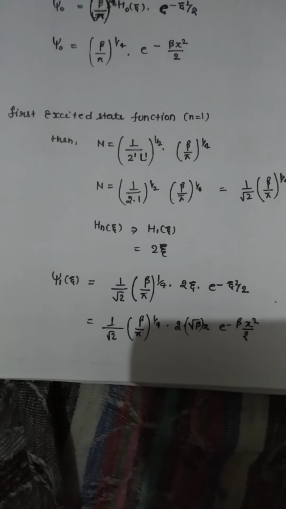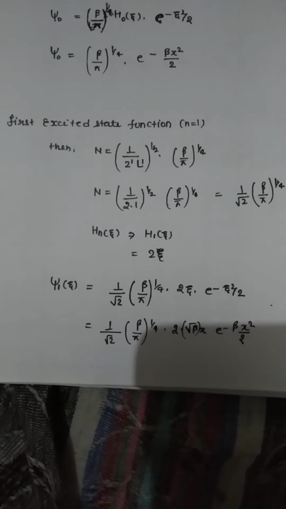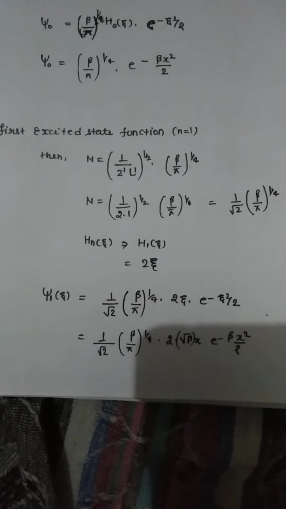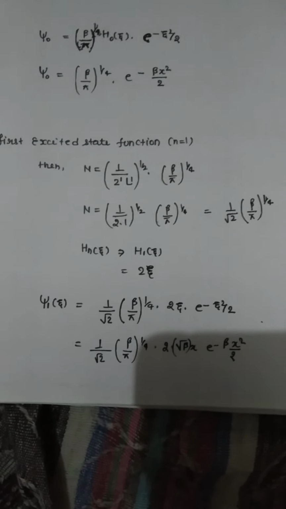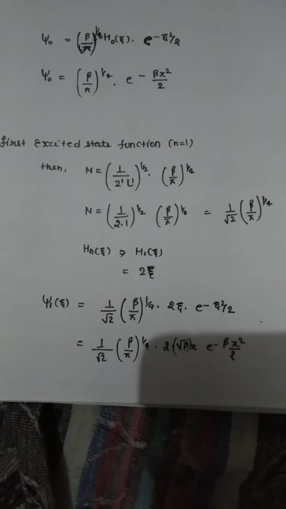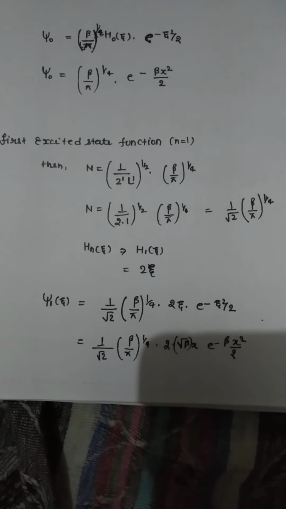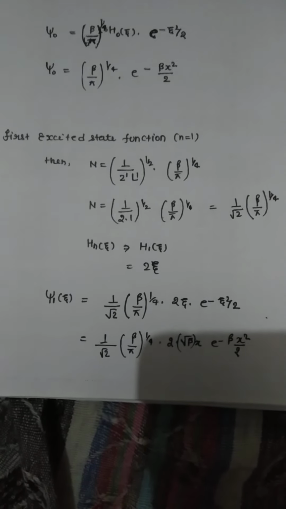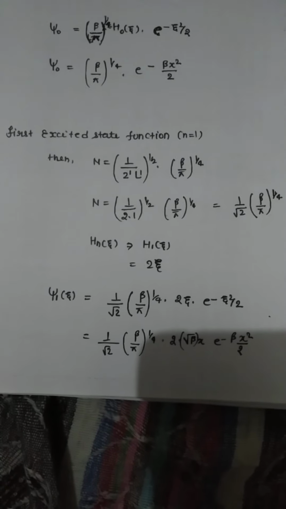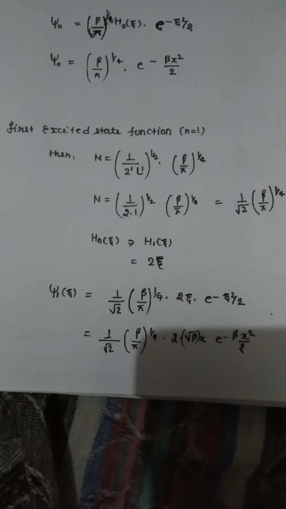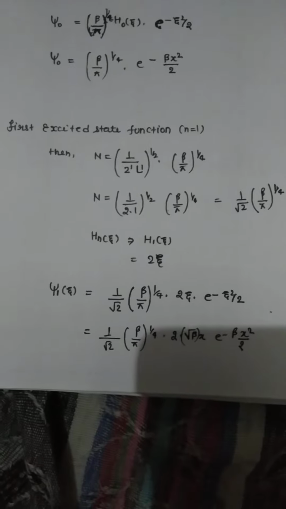Hn equals H1 beta x equals 2 beta x, so psi 1 is equal to 1 upon root 2 beta upon pi to the power 1 by 4 times 2 root beta x e to the minus beta x square upon 2.